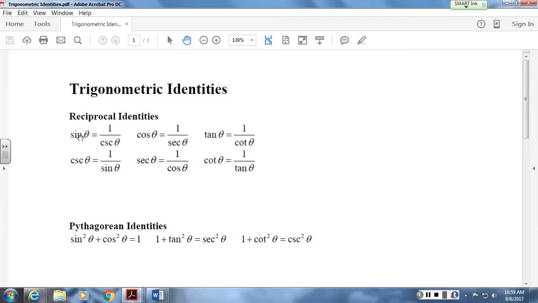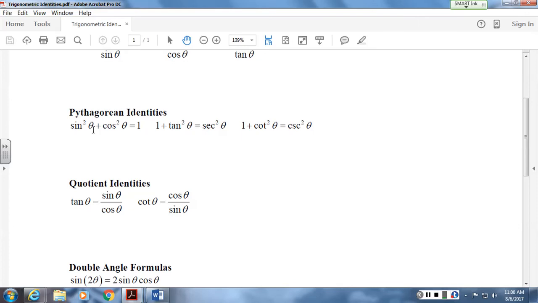If you don't particularly remember that sine is equivalent to the reciprocal of cosecant, excuse me, you certainly remember cosecant is the reciprocal of sine, so 1 over sine. Secant is 1 over cosine. Most people remember these bottom 3, but they've forgotten the relationship of the top 3.